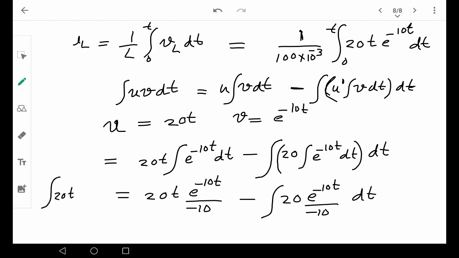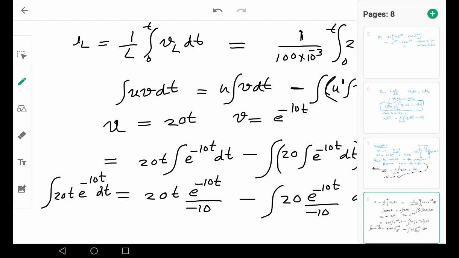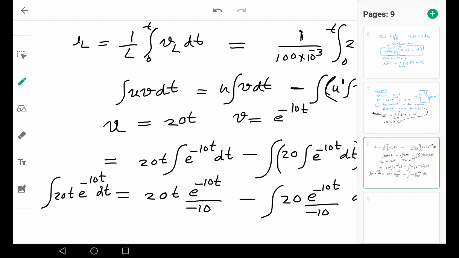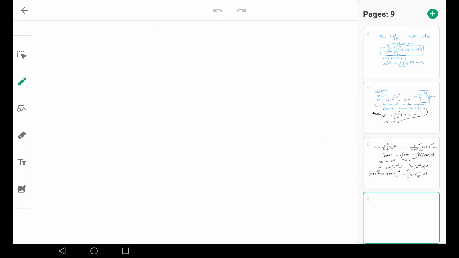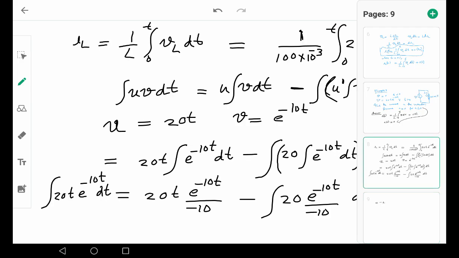Now you can simplify it more. See, you can write 20 by minus 10 is minus 2, right? You can write it as equal to minus 2t e raised to minus 10t, right?